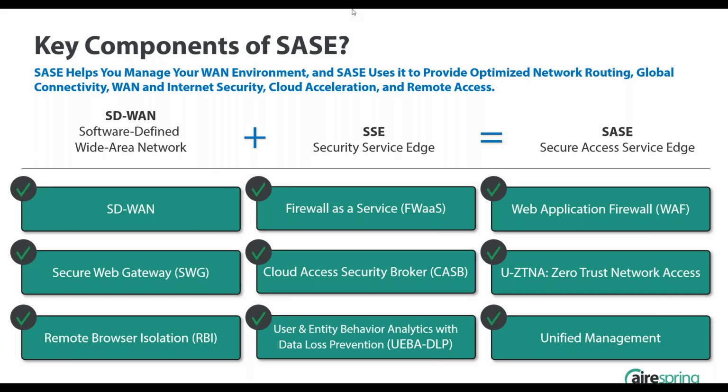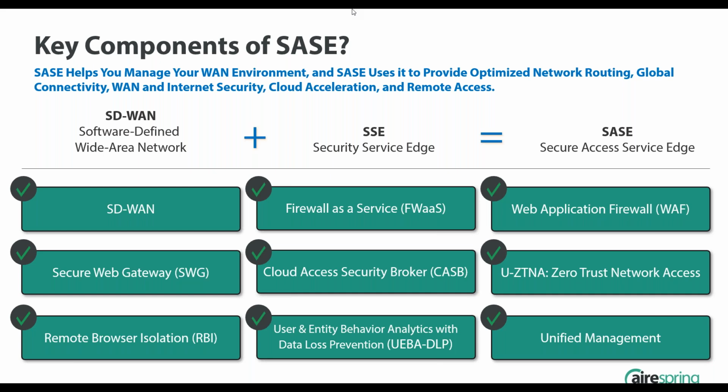User and entity behavior analytics with DLP, right? So UEBA DLP for short. DLP for short is what I use, right? Just DLP. It works hand in hand with CASB and ZTNA. Okay, so it reports on things that leave unauthorized and blocks that access, right?